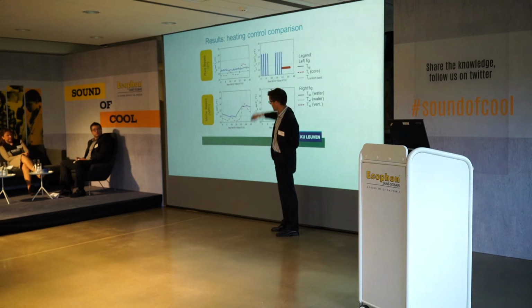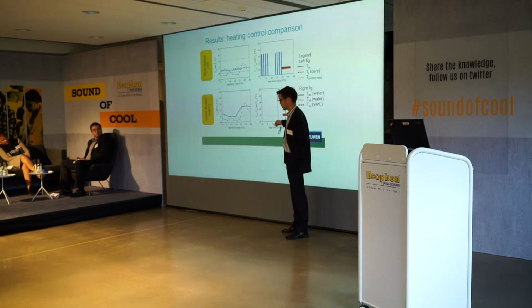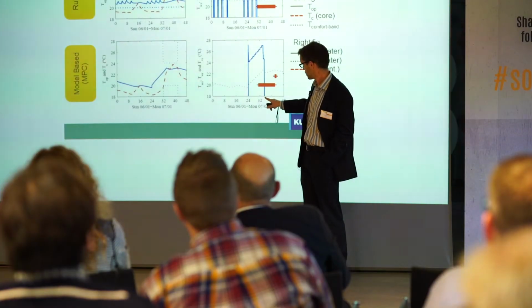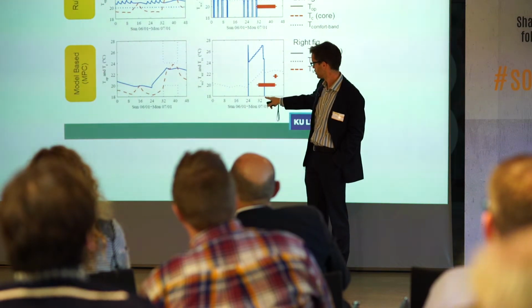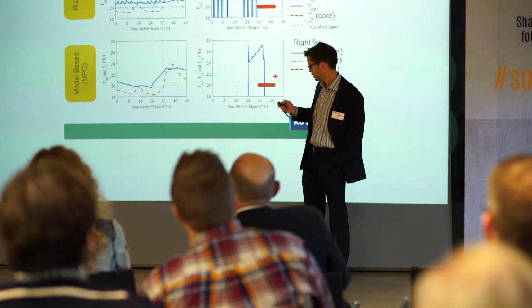If we do the model-based control for the same day, you see that a very different behavior is happening. It starts heating at 24 hours, or at midnight, until approximately somewhere in the morning, and ventilation does the same.